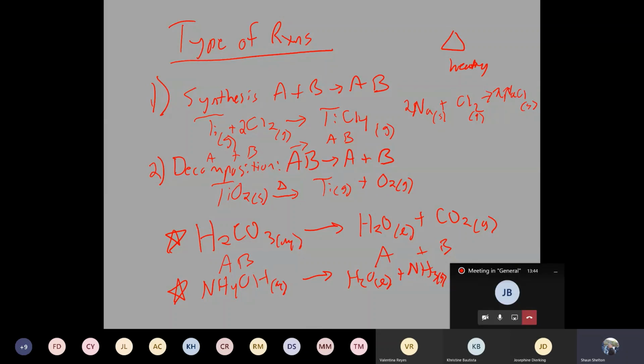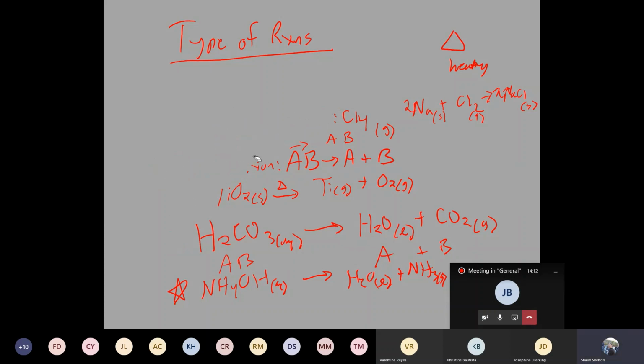Now, where it really gets to being picky is whenever we get into the next 2 types of reactions. Remember we talked about synthesis, decomposition, and combustion. So there are 2 other types of reactions. There's double replacement, which is called metathesis, and then there is single replacement. Double replacement reactions is a pretty large category, and that category has 3 different types of double replacement reactions.